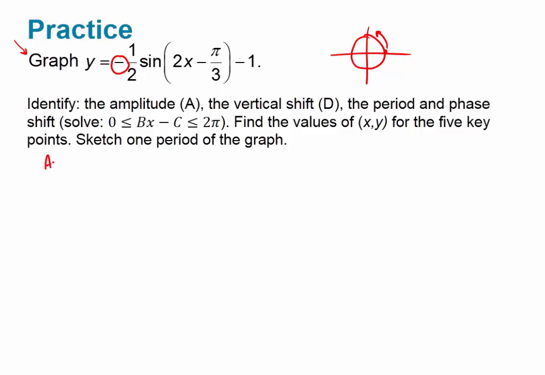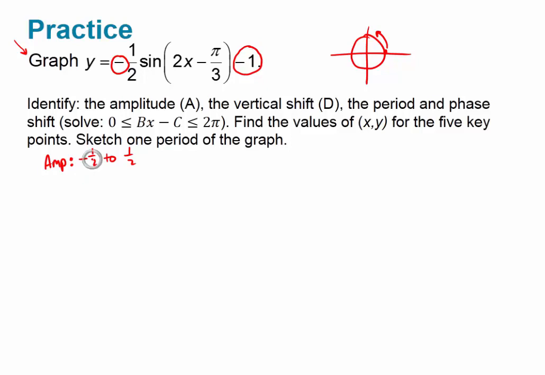Okay, let's take the amplitude and vertical shift and put them together. So the amplitude is negative 1/2. So it would be starting at negative 1/2 and going to a positive 1/2, the reverse of what we had before, because of that negative sign. But now we've also got this vertical shift of -1, which means we're going to drop these values down.